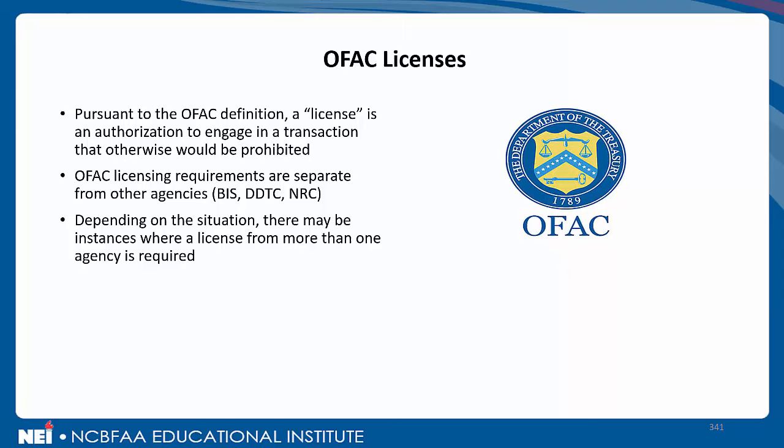Think about Cuba, where support for the Cuban people could be a license exception used under the EAR, the Export Administration Regulations, but there could also be an OFAC requirement regarding the transfer of funds or the use of a letter of credit, any variety of OFAC permissions that may be required in addition to, in this instance, the use of an EAR license exception. That's just one example. There are others.